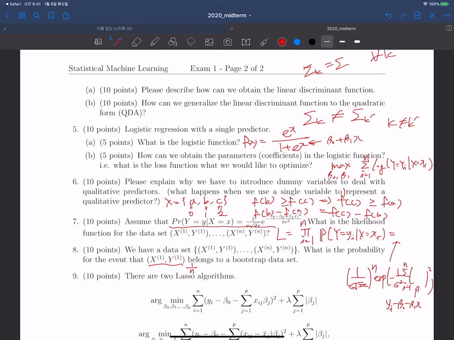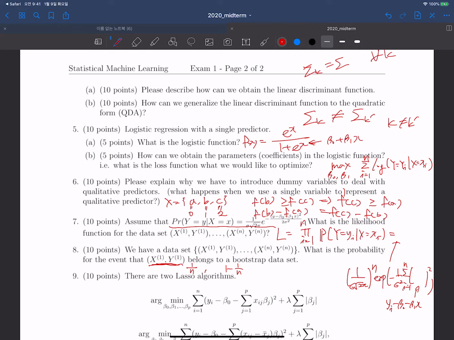So it will not belong to the bootstrap data set at each round with probability 1 minus 1 over n.